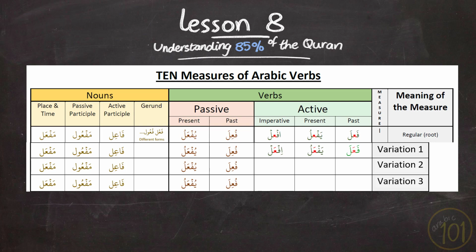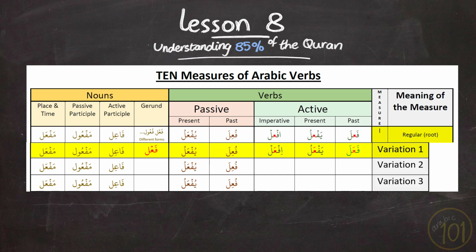The passive forms will remain the same, fu'ila and yuf'al. And as for the gerund, it will be fat'h. The other patterns will remain the same. So these combinations of patterns will represent variation number 1 of verb form number 1.